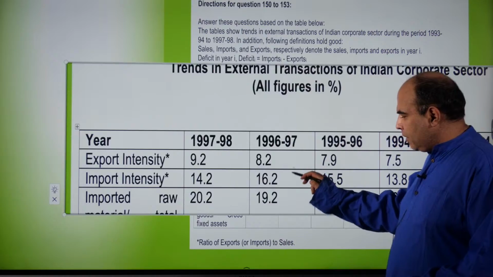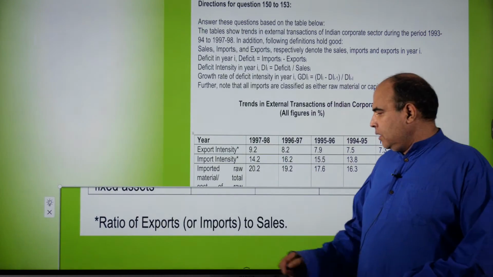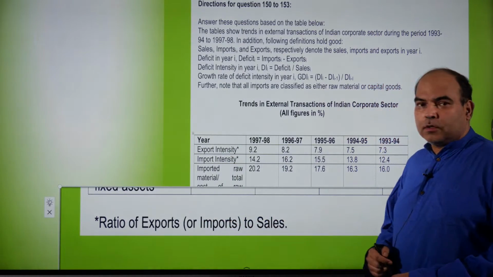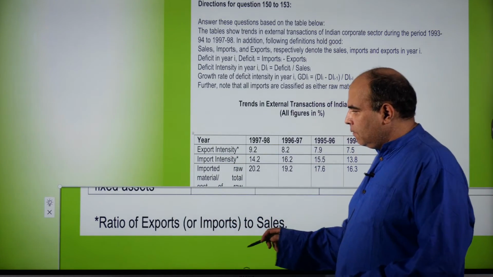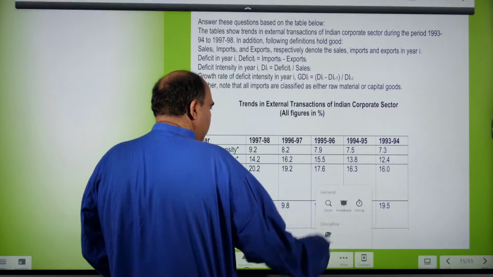और नीचे में define किया है उसको यहाँ पे, with that star, ratio of exports or imports to sales. So 2 more variables they have given us without telling us. So when I look at that table, I should be able to spot these 2 variables.